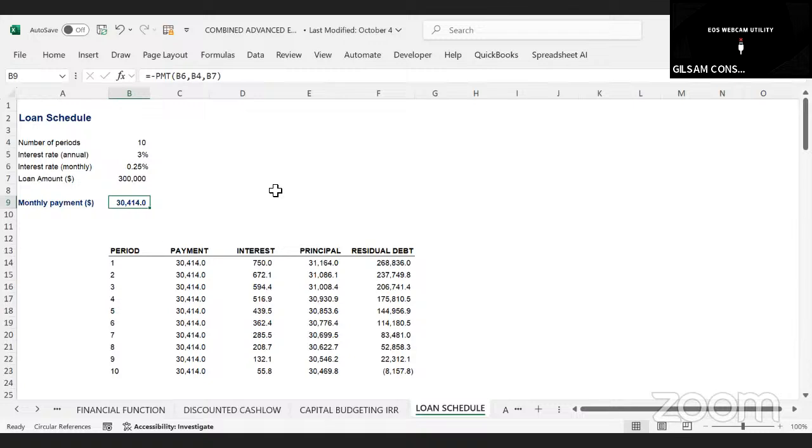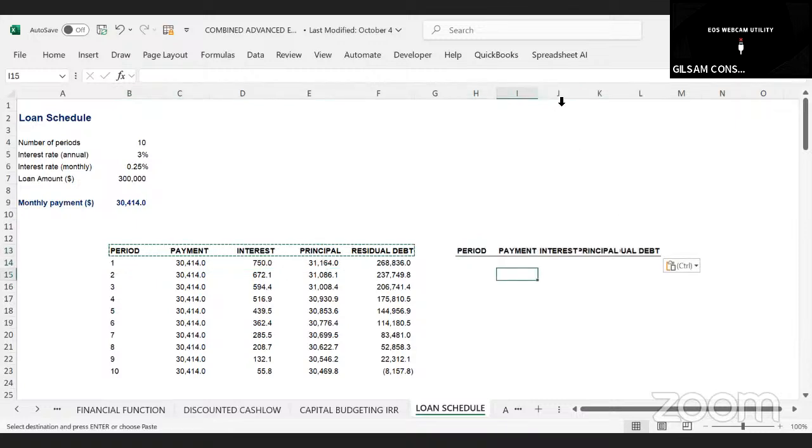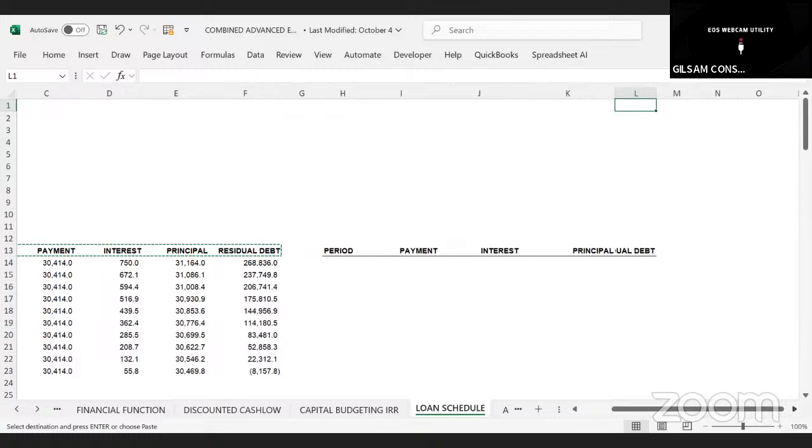PMT, which hiyo tumeshafanya na iko kwa time value of money. So arrange your figures in this format, and then it is just guiding Excel to do what Excel inafanya nini.